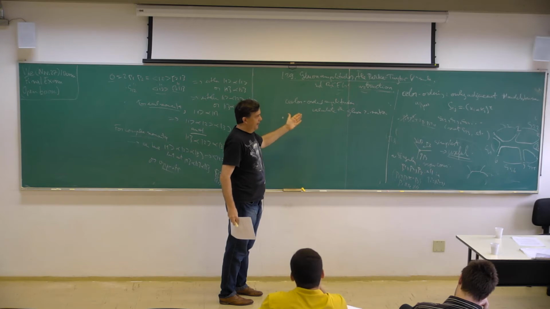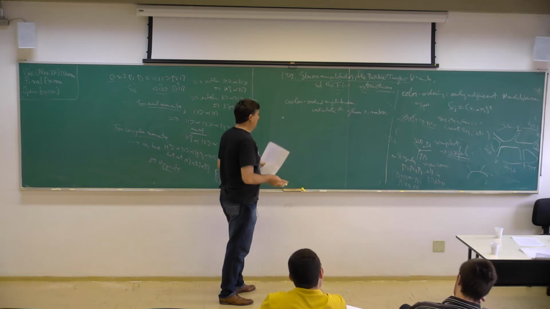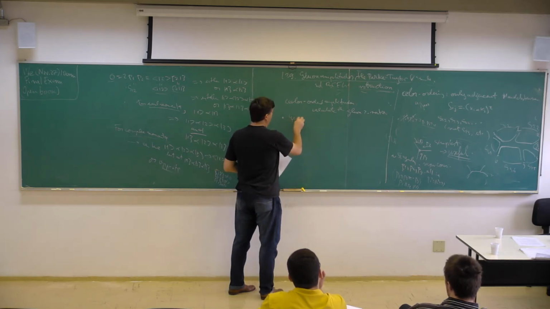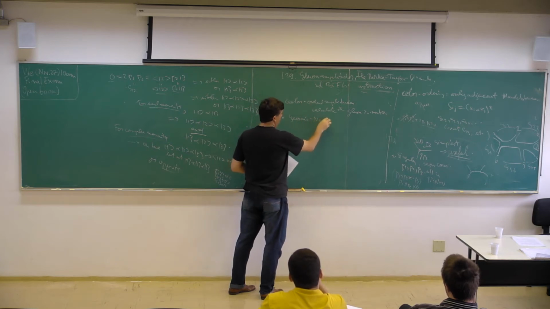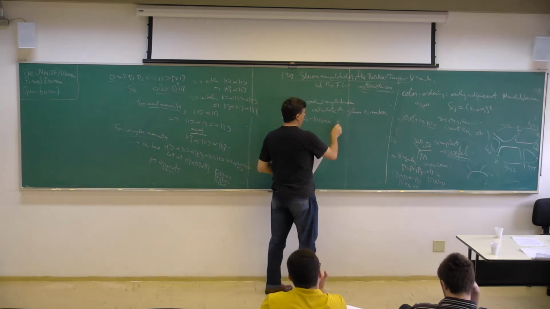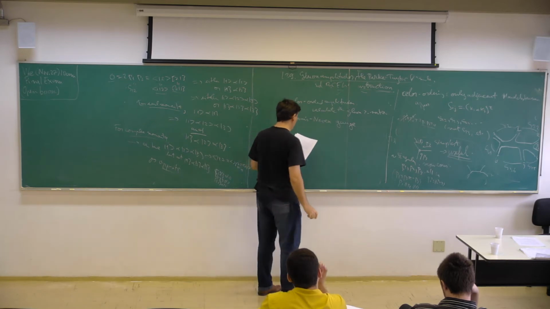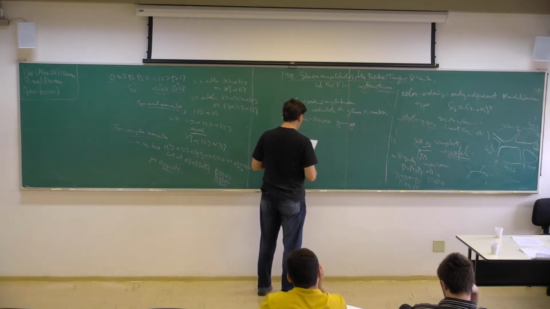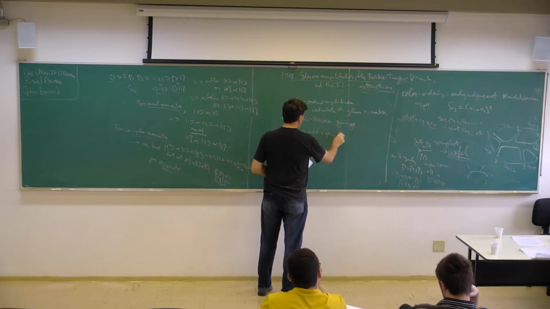There's a gauge invariance, there's a redundancy in the system, so we must choose a gauge. One useful gauge in this context of the color ordered formalism is the so-called Gervais-Neveu gauge, in which we need to add a gauge fixing term.